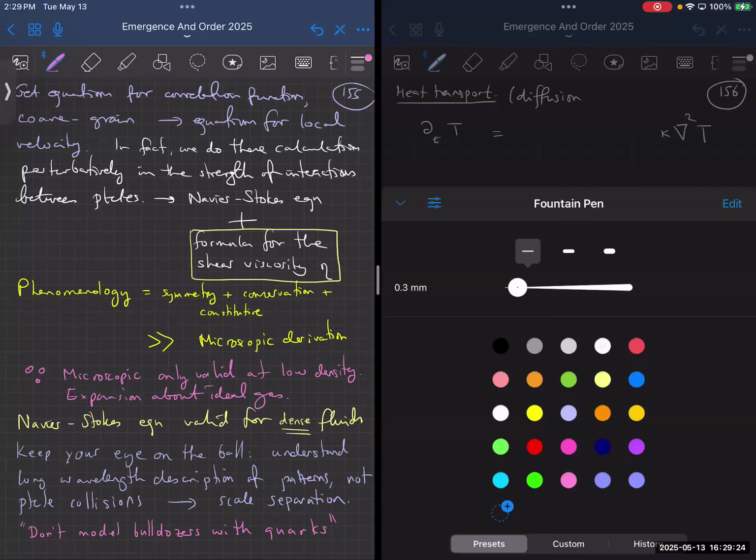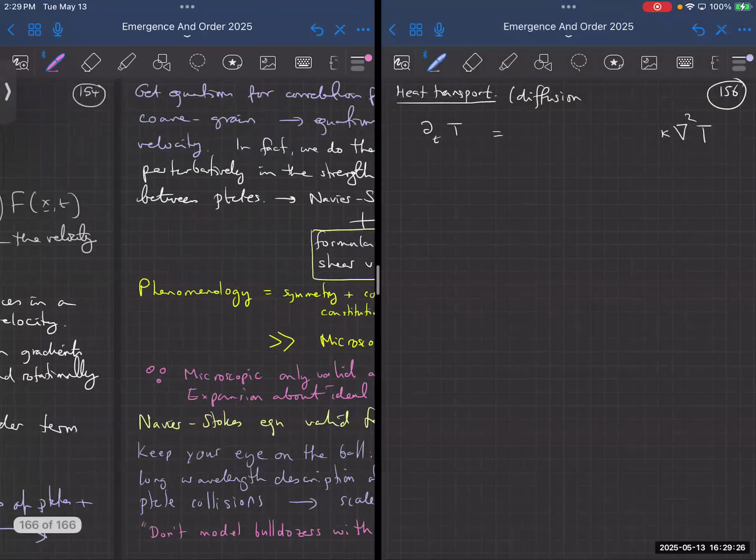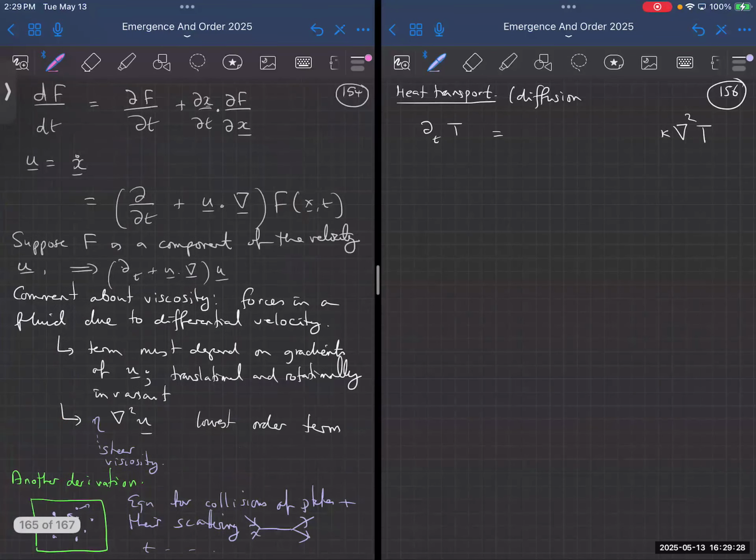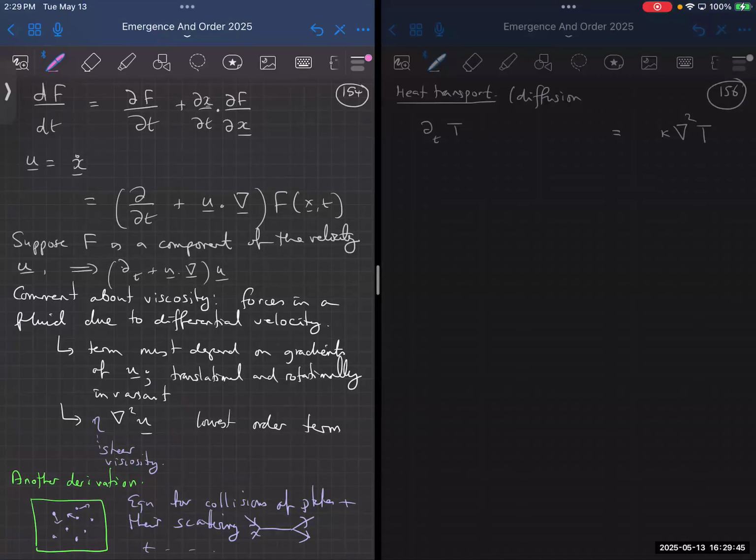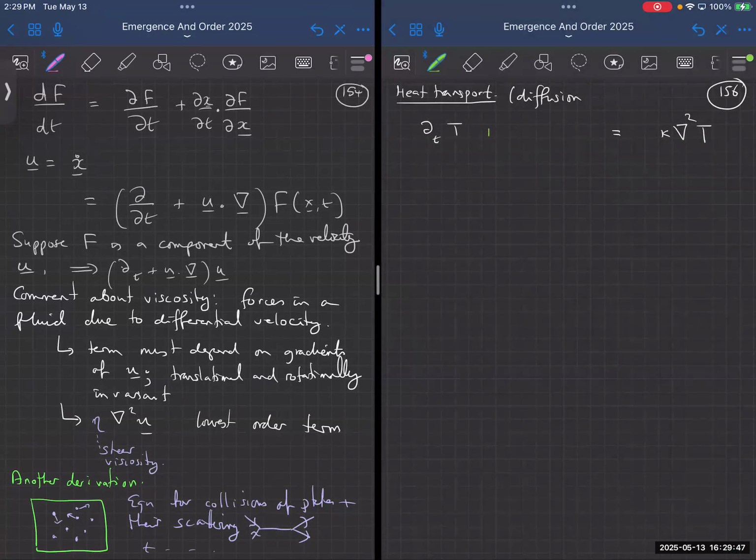But remember that this is a scalar quantity, like this quantity F over here on the left-hand side, and that is transported. So there's also another term, which is, let me write it like this. That goes in here.